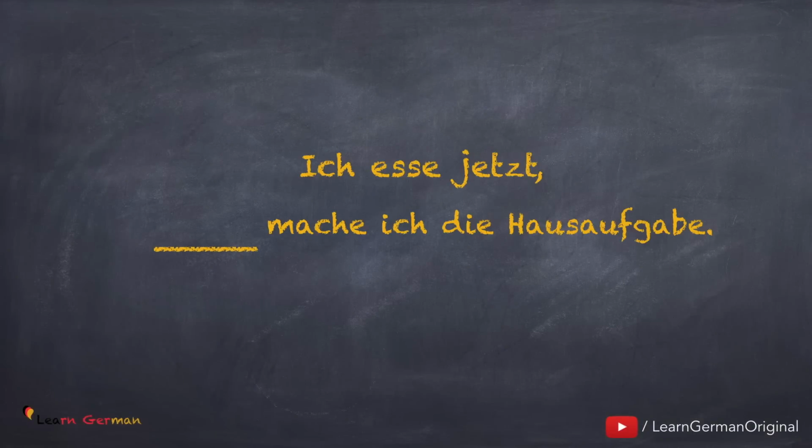Now let's do the next one. And your answer should be, ich esse jetzt, dann mache ich die Hausaufgabe. Here, one process is taking place after another. Hence, the correct answer is dann.